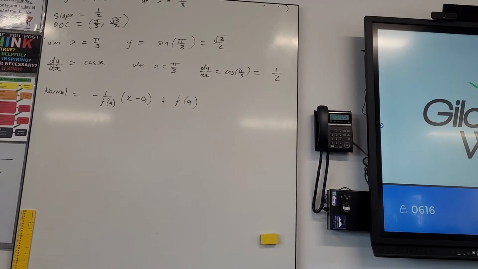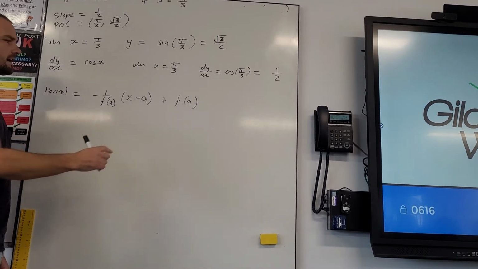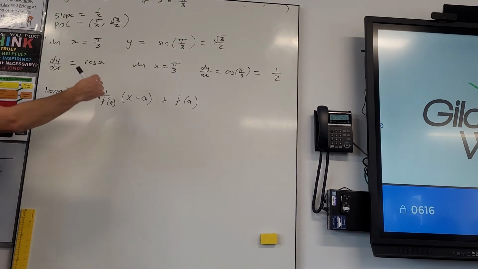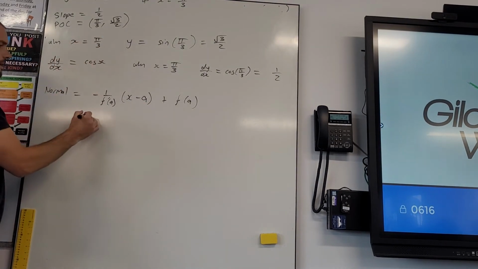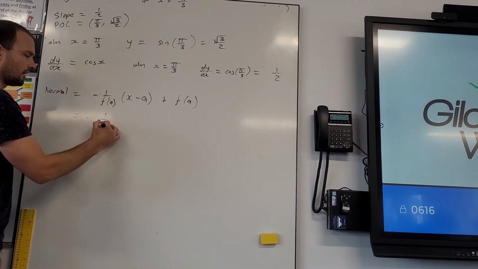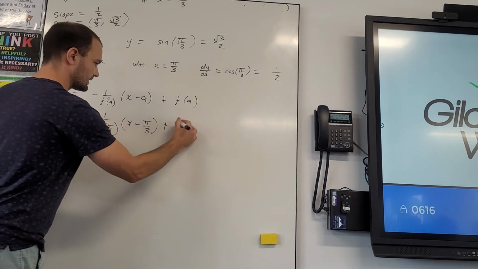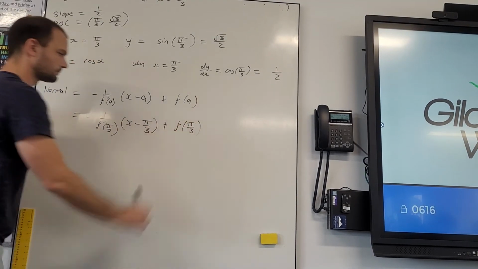A is the x coordinate of the point of contact. In this circumstance, our point of contact is pi on 3. So that means we're finding minus 1 on f dash of pi on 3. I'm just going to fill this in to show you what we're doing. X take pi on 3 plus f of pi on 3.